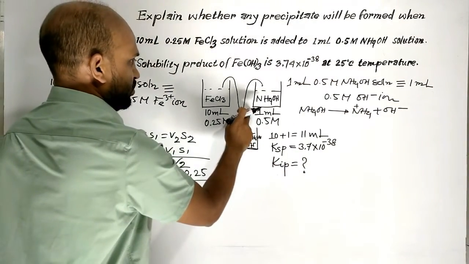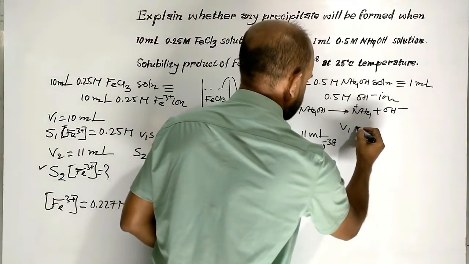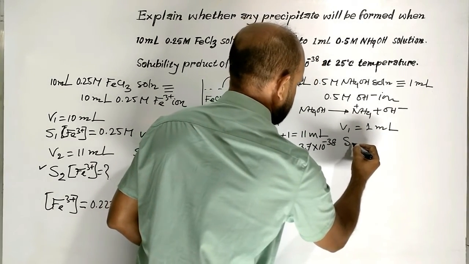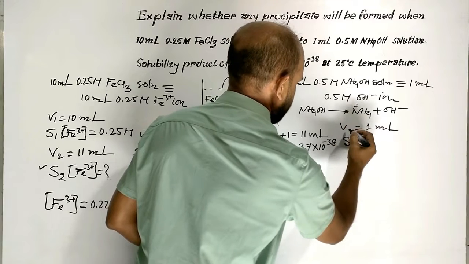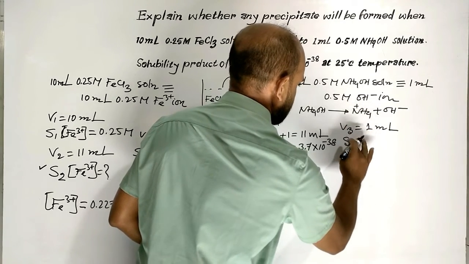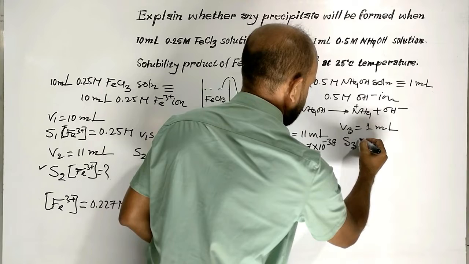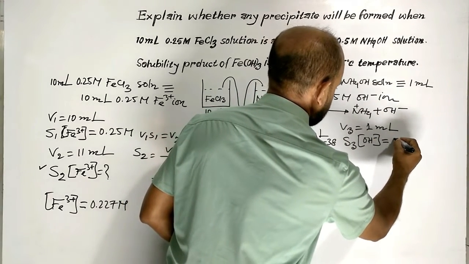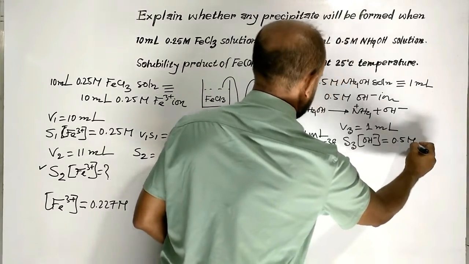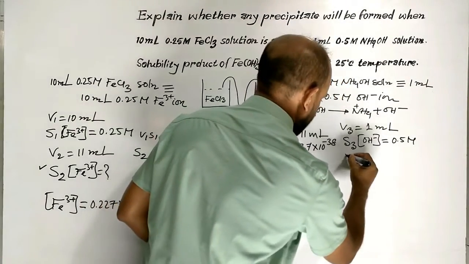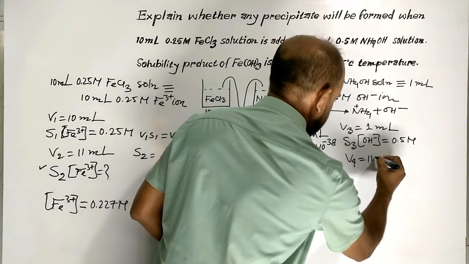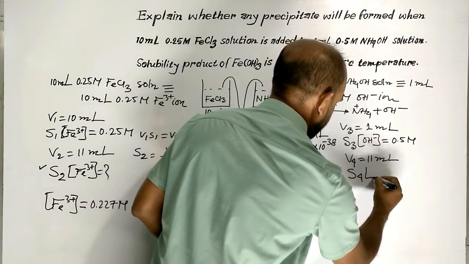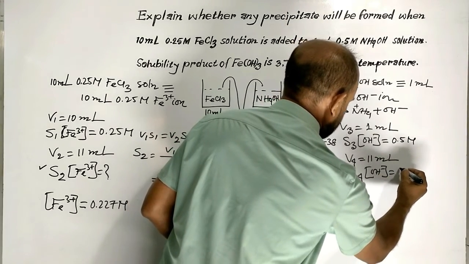So before mixing, the volume is 1 milliliter, V3, and the strength is S3, that is, the concentration of hydroxide ion is 0.5 molar.